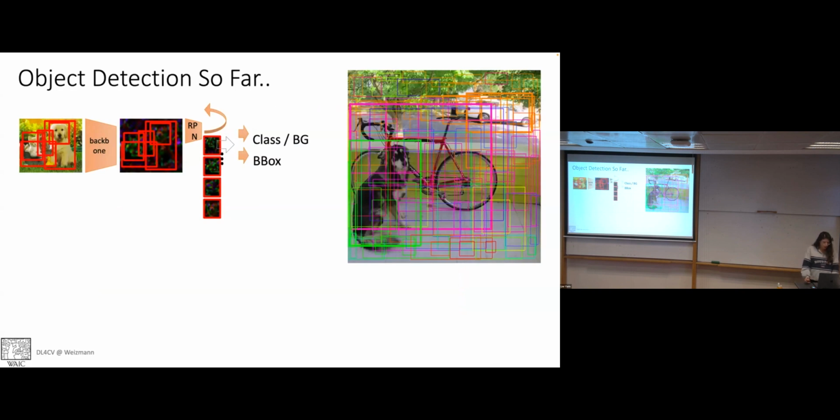Okay, so what we saw in object detection so far is Faster R-CNN and the new option of YOLO.